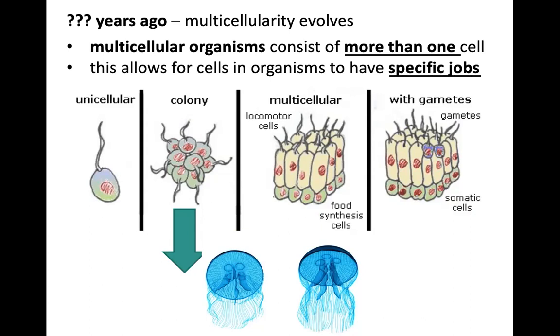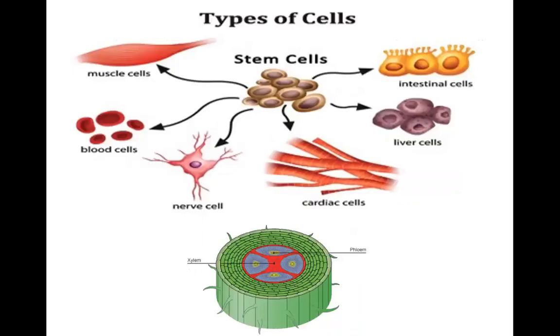The same thing has happened within other organisms as well. So this is what leads us to what we currently see in our own bodies: muscle cells, liver cells, brain cells, kidney cells, bone cells, nerve cells, and the list goes on.